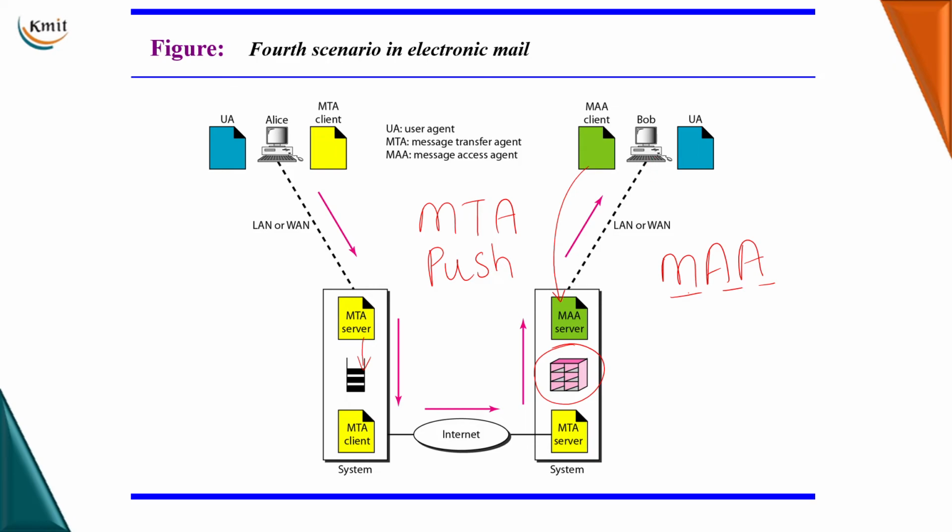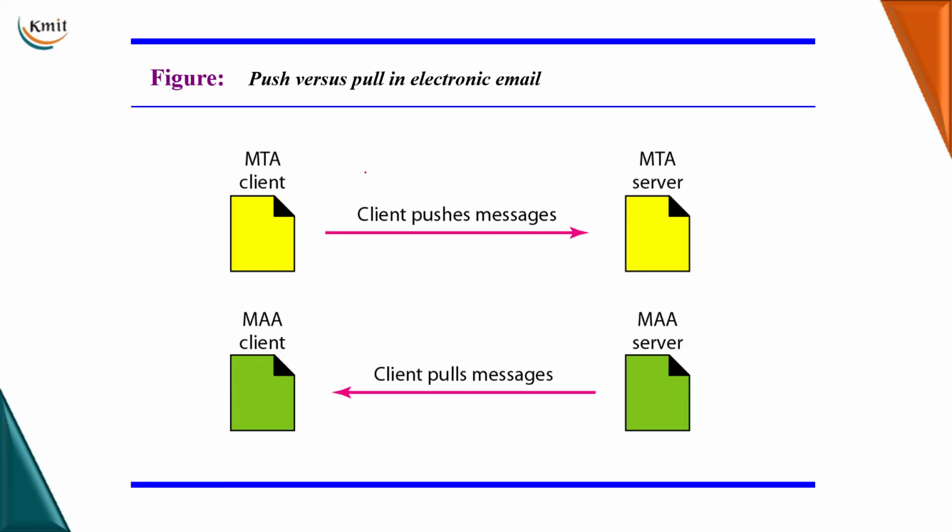These are the 4 different scenarios in email. So as I told you, MTA client is responsible for pushing messages onto the MTA server, whereas the MAA client will pull the messages. The MAA server will pull messages from the client.